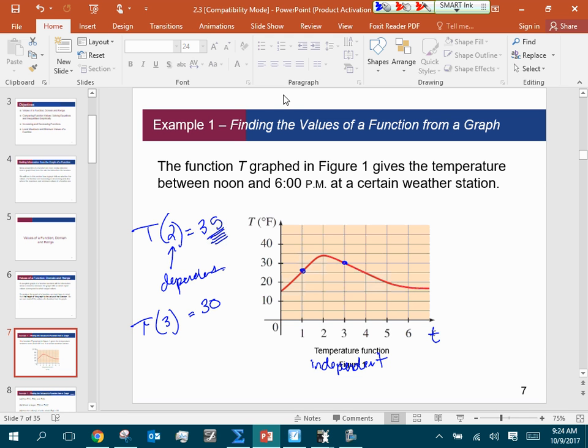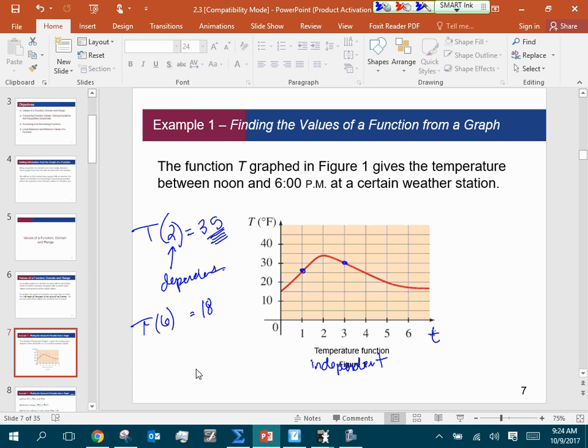But if I were to choose something like, instead of t of 3, let's go t of 6. Okay, so t of 2 was, again, 35, but t of 6 is, let's make it easy, let's go 18 is fine.